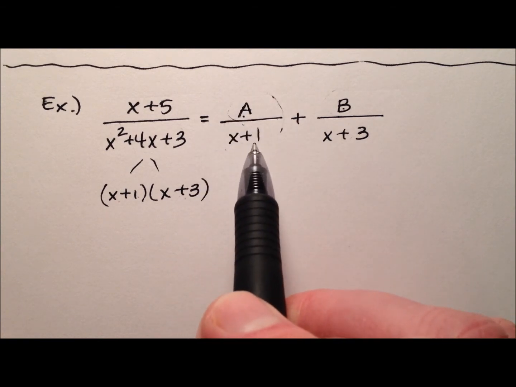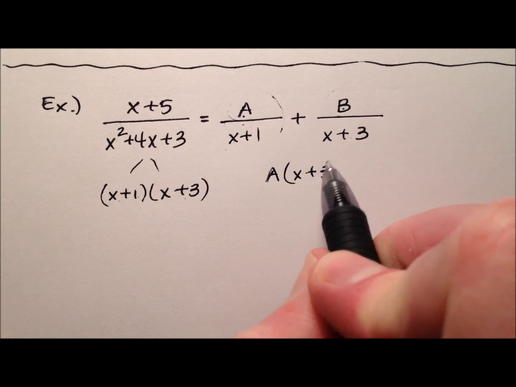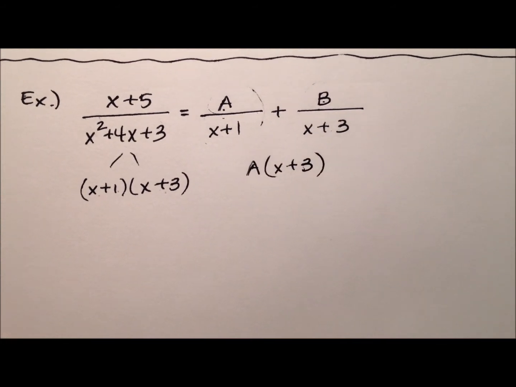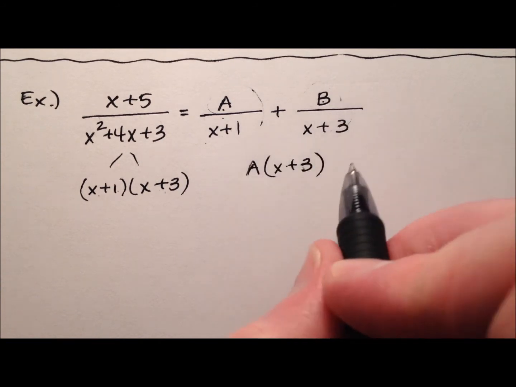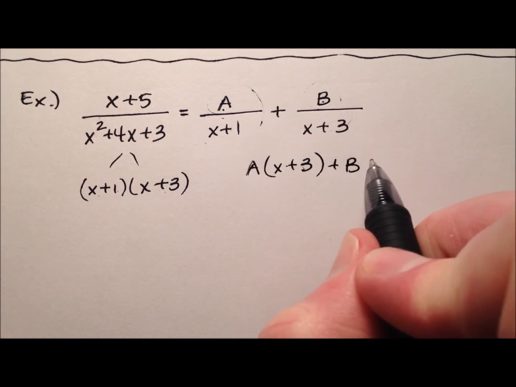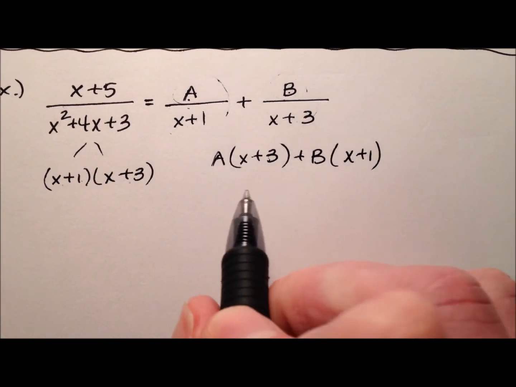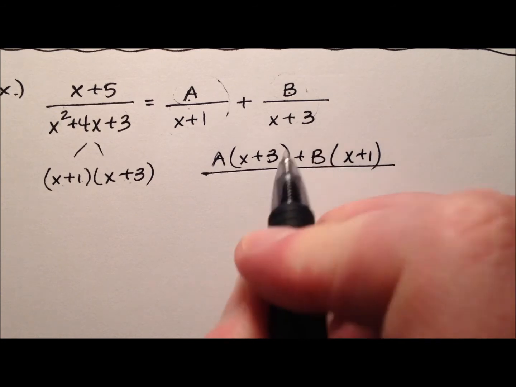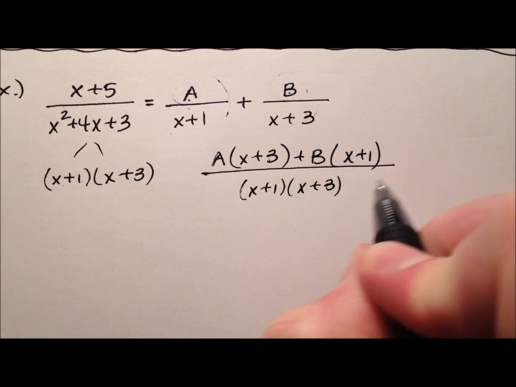It's missing the x plus 3, so I'm going to take the A and multiply it by x plus 3. Which factor is this one missing? It has the x plus 3, but it's missing the x plus 1, so I'm going to put the x plus 1 with it. Of course now this is all over the common denominator of x plus 1 times x plus 3.